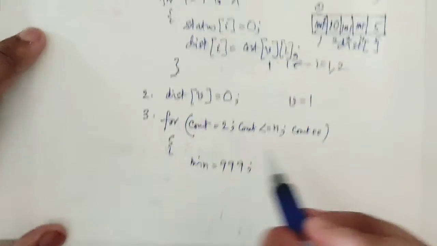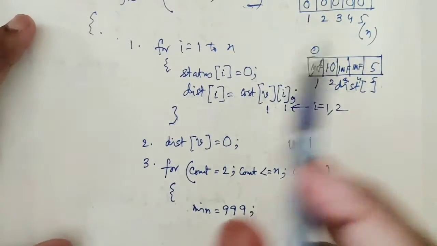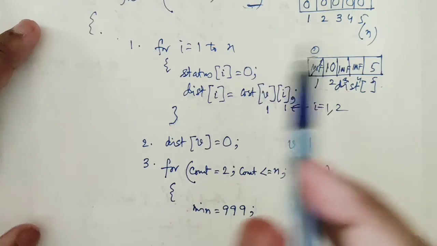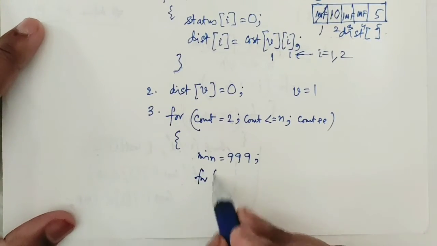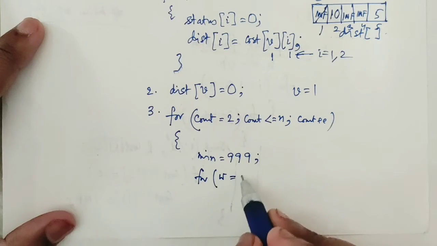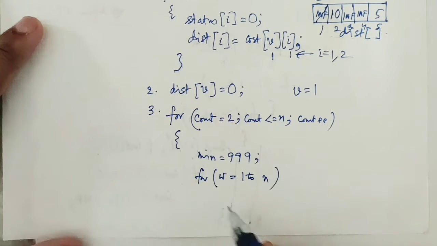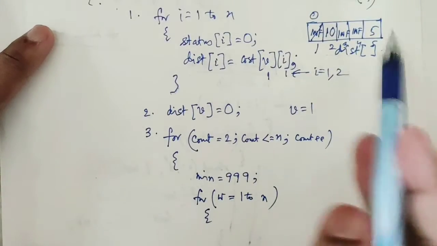Then for the full list of vertices, that means for the full list array, you have to traverse. Suppose w is a counter, w equals 1 to n, so that you can cover it fully.